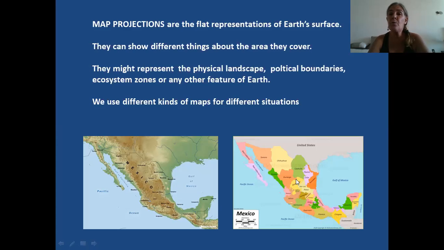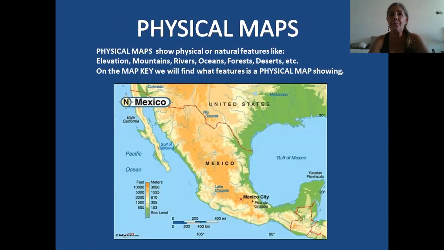And the map on the right, it's a political map. If you notice down here, we have the title, Mexico. We have the scale to measure the approximate distances. And we have every state colored in a different color over here. So it's a political map. So let's see the three different kinds of maps, okay?